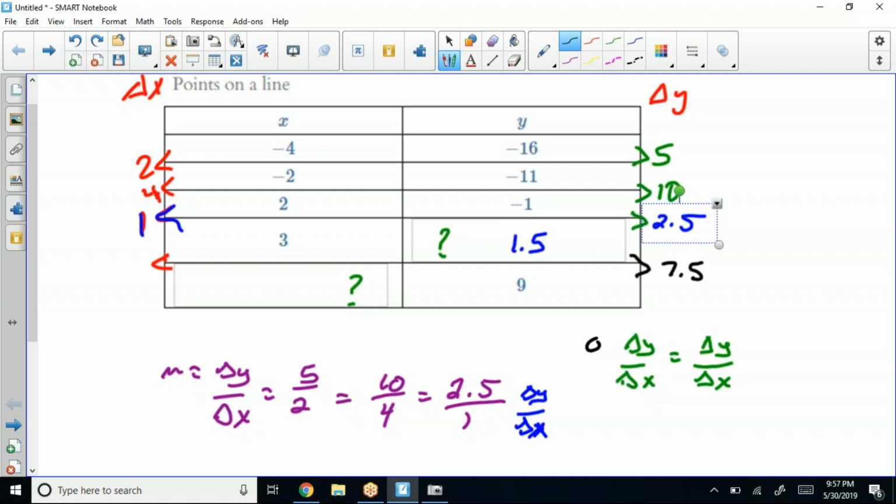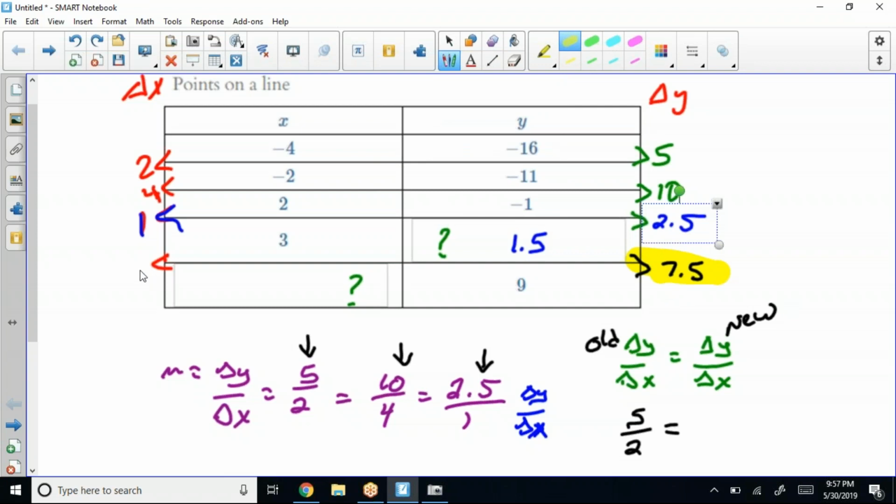This one is going to be my old one. It could be this one, that one, or that one. It doesn't really matter; whichever ratio of the slopes I have right there, I can put in for the old. I'm going to use 5 and 2. I could have used 10 and 4. It would still be the same thing. Now I'm looking at my new, which would be these points.